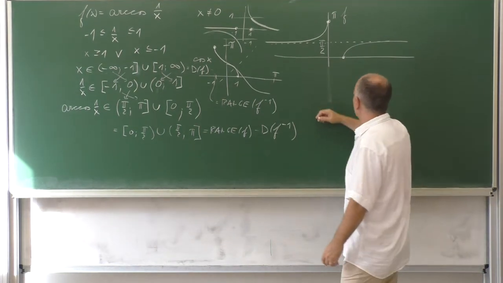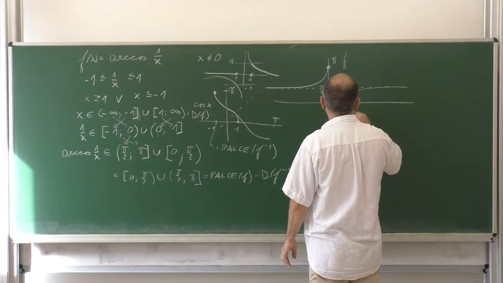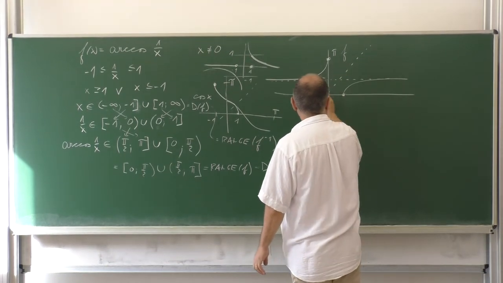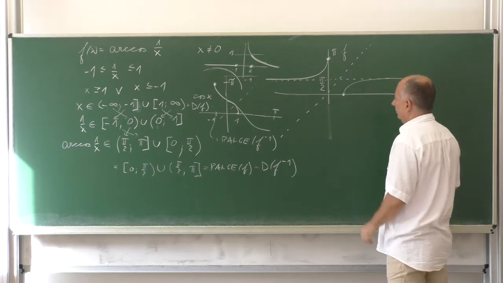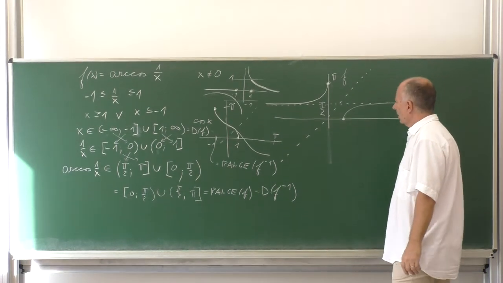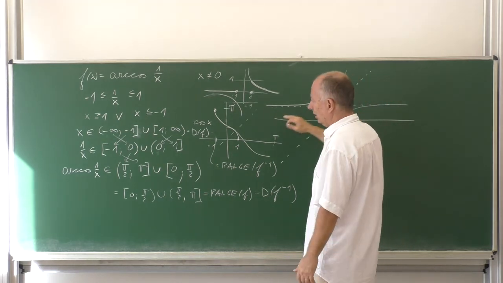And the graph of the inverse can be constructed by mirroring these two parts around this line. Sorry, there is one mistake.